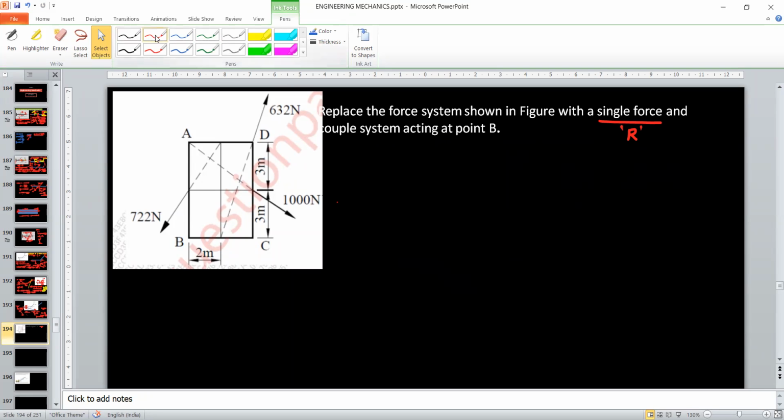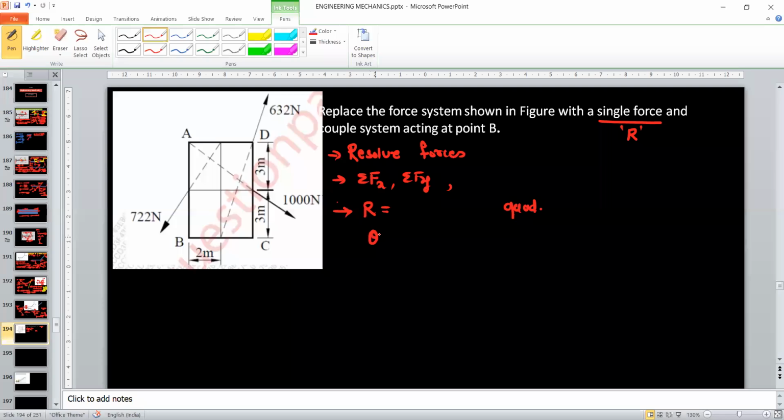Okay, so here your first step is we have to resolve the forces. After that, write summation Fx and summation Fy. Then find out the resultant and the quadrant of the resultant.